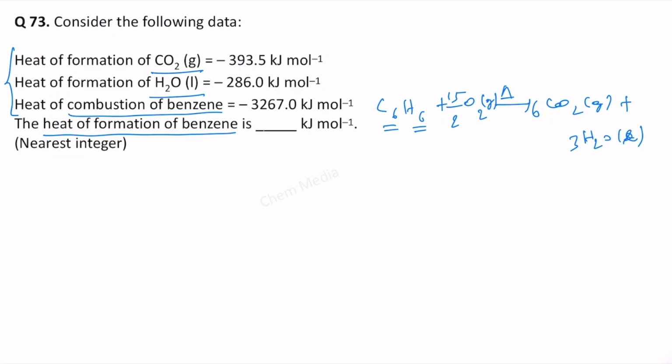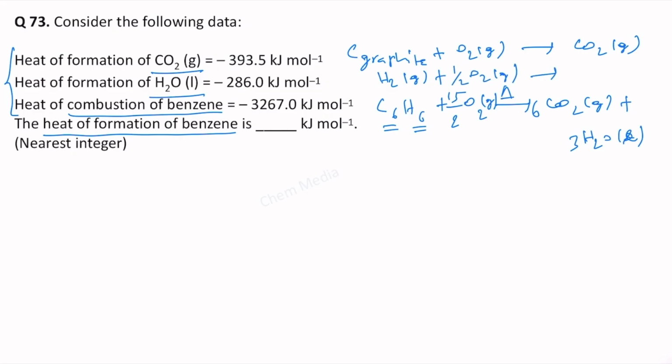Let us write 2 equations for the heat of formation of CO2 and water. So that is graphite reacting with O2 giving CO2 gas. For this one we have the data, and then H2 gas reacting with half a mole of O2 giving water.